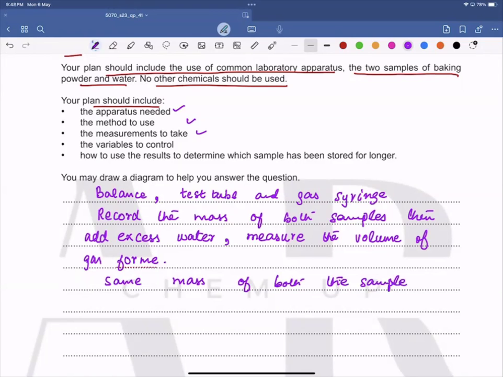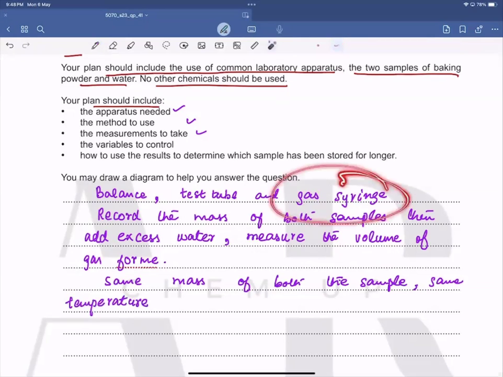Yes, Ahmed Mustafa, is this understandable? Same temperature must be there. Both the samples have the same temperature. Why gas syringe as well? We are using gas syringe.